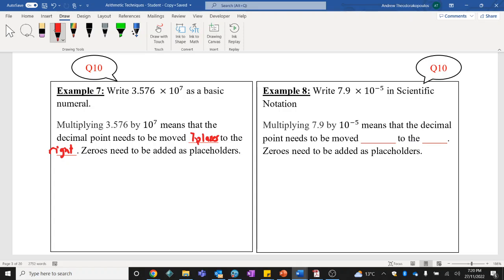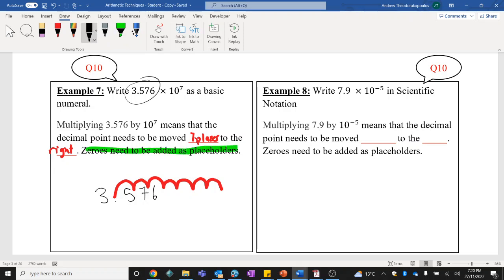So what you can do is start off by writing this number here. So let's write down 3.576. And then you want to move this decimal 7 places to the right. So 1, 2, 3, 4, 5, 6, 7. Here it says zeros need to be added as placeholders.